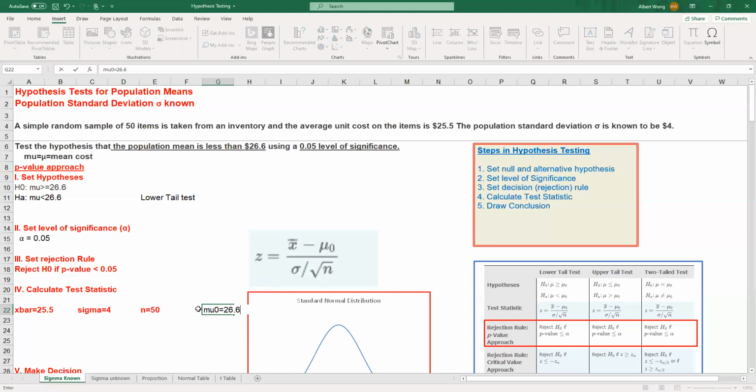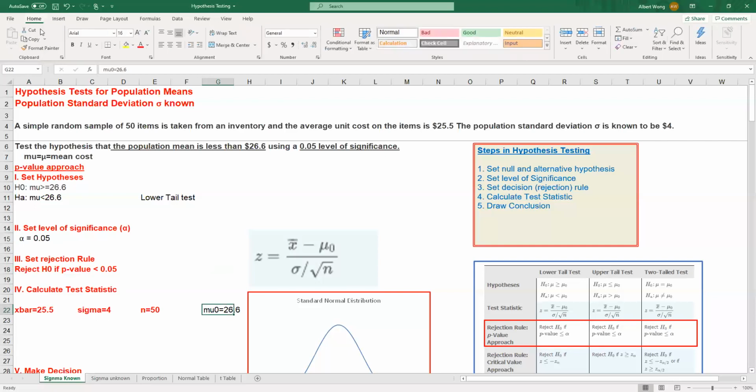So mu0 is what we're trying to test in the null and alternate hypotheses. So we now know the four quantities. That means we know every quantity in the formula. All we have to do is put it in.